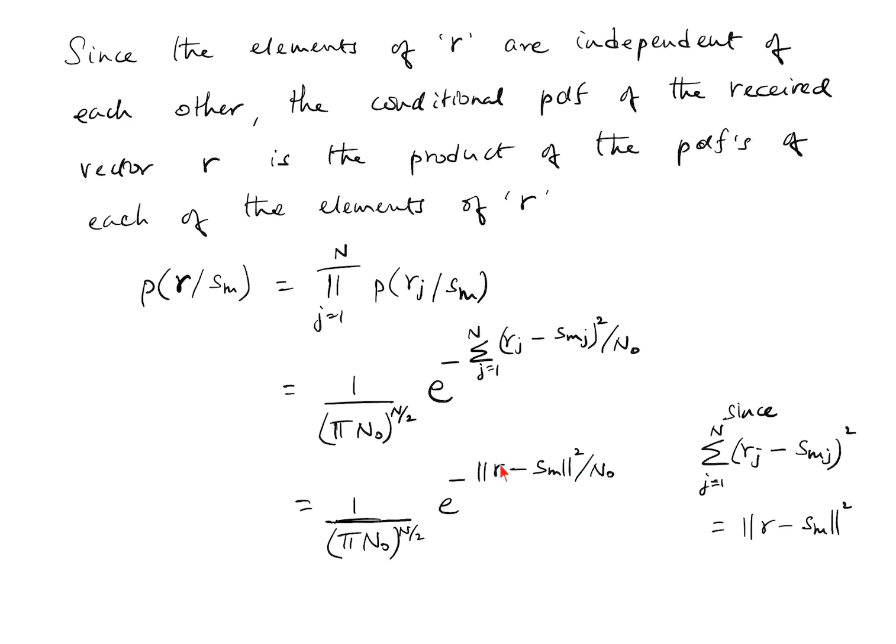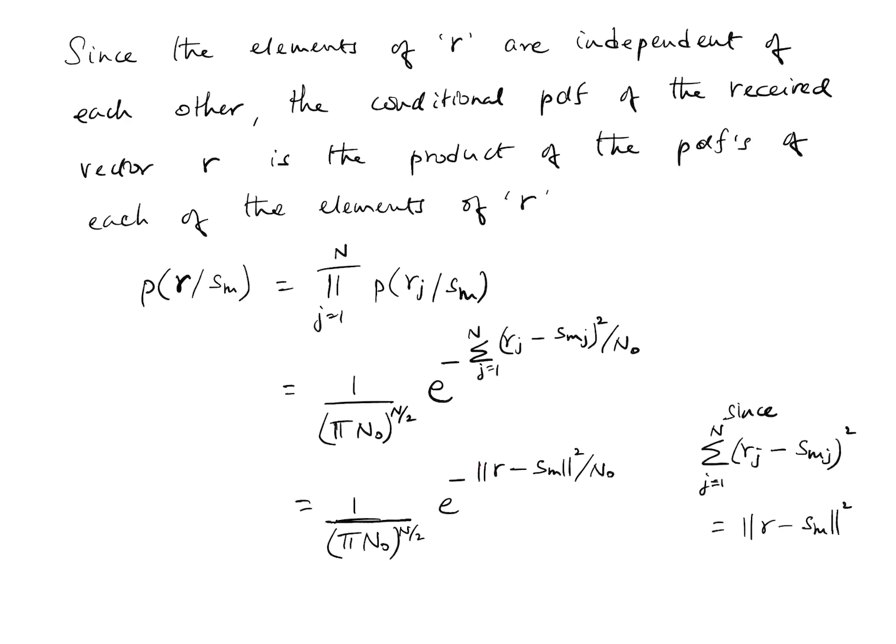So r is the received signal vector, sm is the transmitted signal vector. The elements of r are r1, r2, r3 up to rn. The elements of sm are sm1, sm2, sm3 up to smn. So this summation here is basically the distance squared, which is nothing but the norm squared, right?